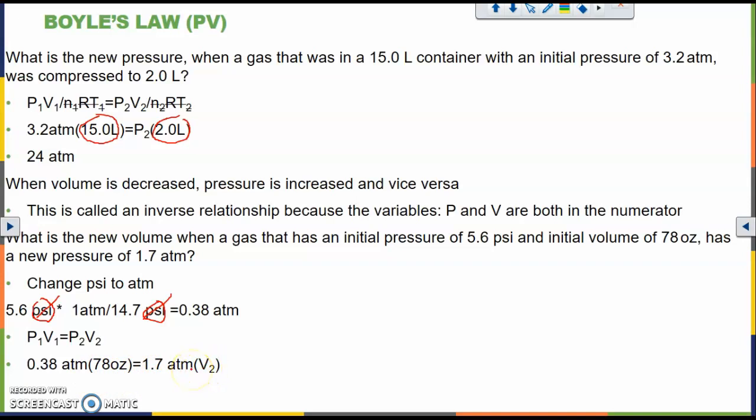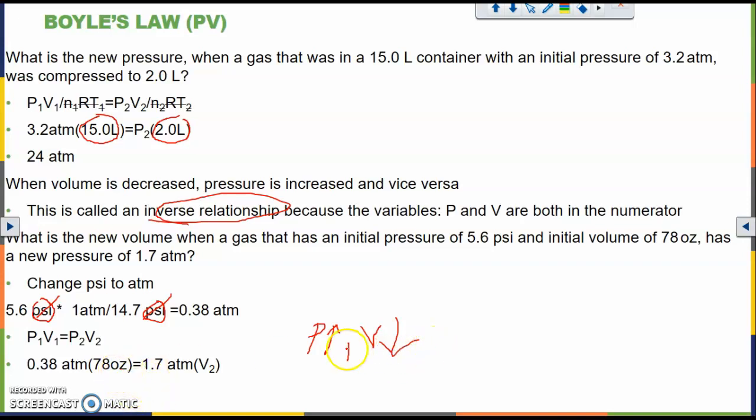Now here's the deal. You need to do a little bit of prediction again. What has happened to the pressure? The pressure went from 0.38 atmospheres to 1.7 ATM. So the pressure in this case increased. We need to understand that since this is an inverse relationship, the volume had to decrease.